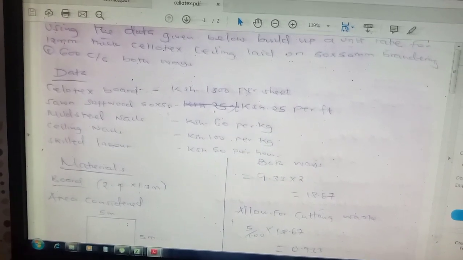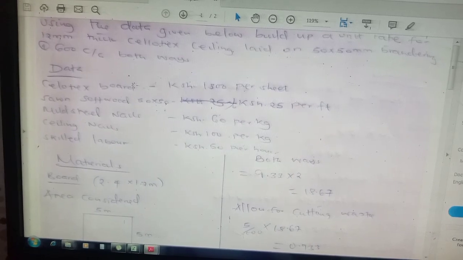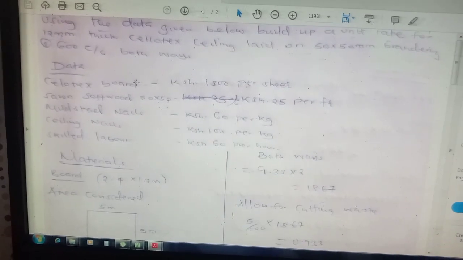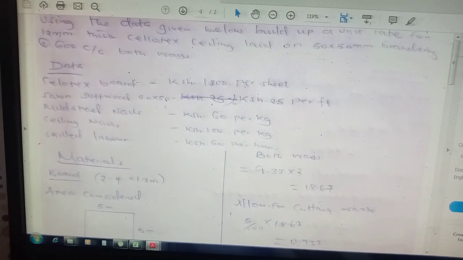The data that we are given is: Celotex board is 1,800 shillings per sheet. Sawn softwood 50 by 50 will be 25 shillings per foot. Mild steel nails is 60 shillings per kg. Ceiling nails is 100 shillings per kg.